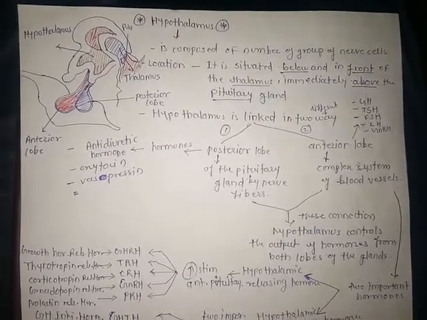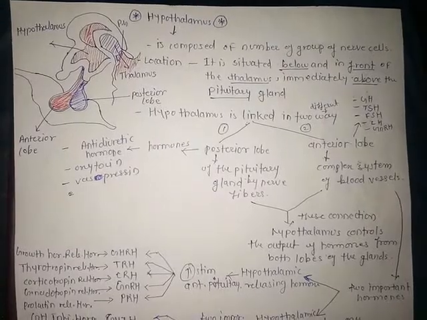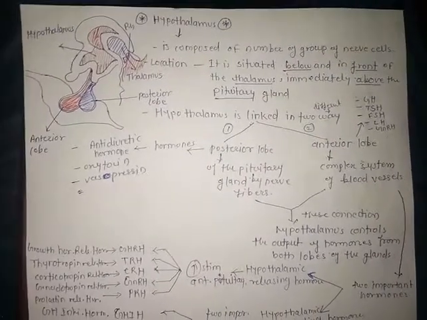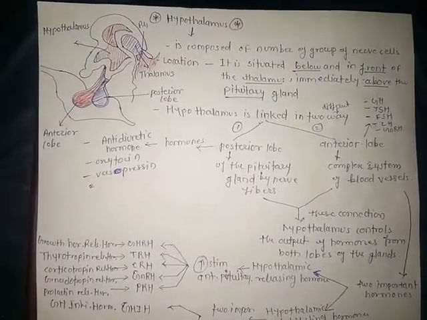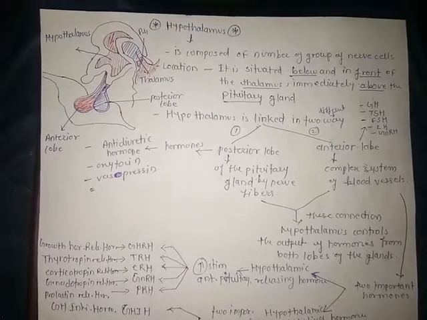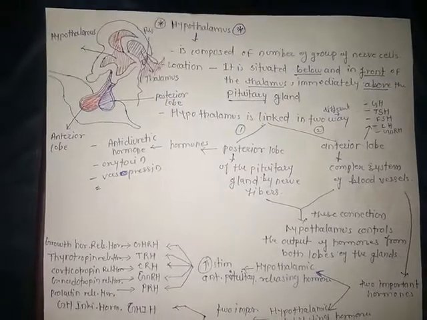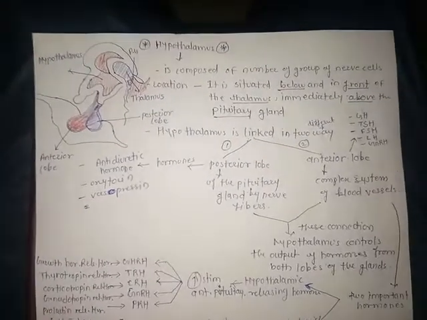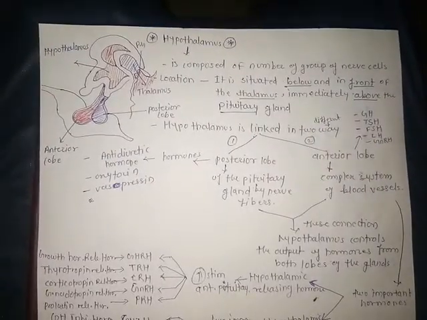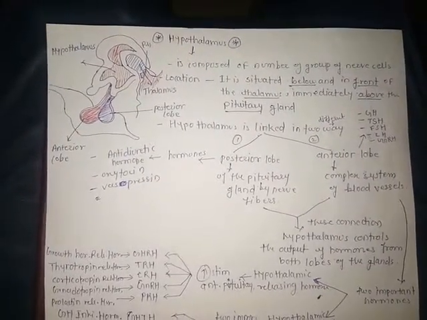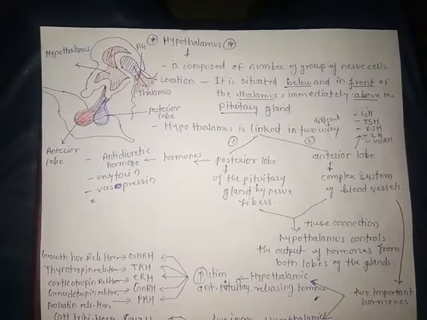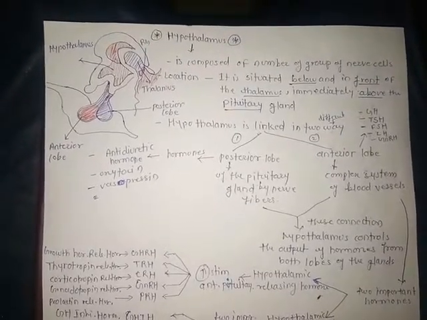So first, hypo is nothing but a condition meaning decrease, less or reduced, the opposite of hyper. So hypo means to decrease. Then thalamus: the thalamus is a small structure within the brain, located just above the brain stem and between the cerebral cortex.